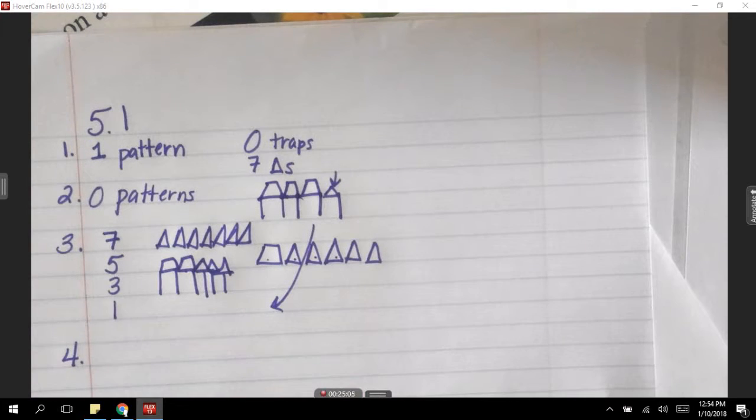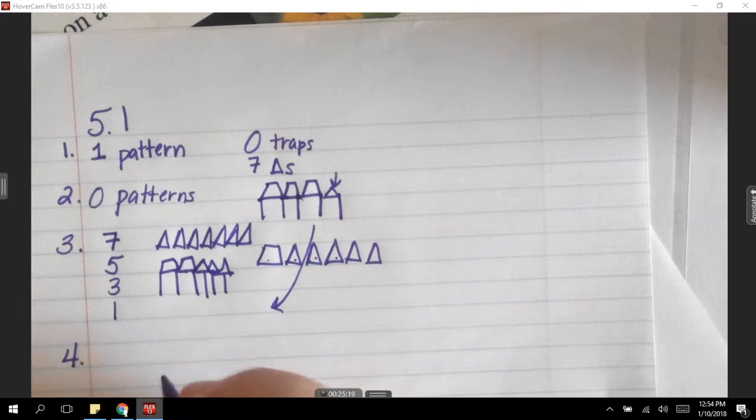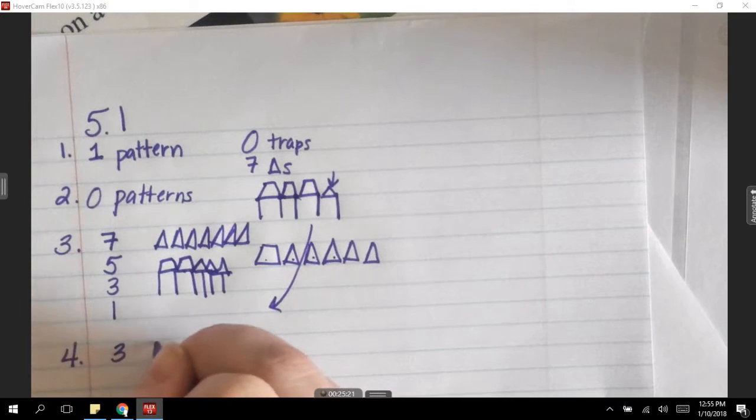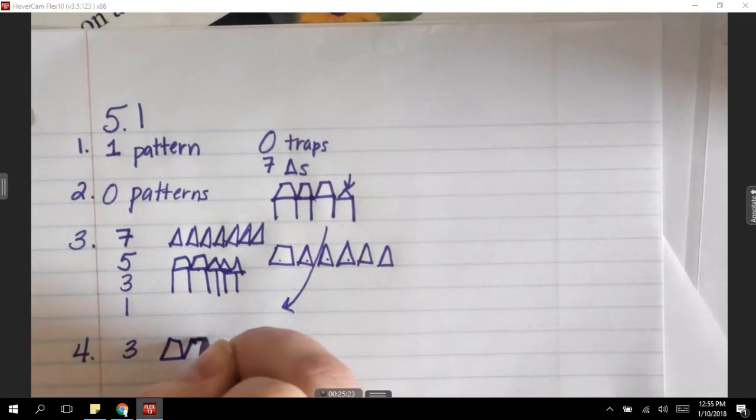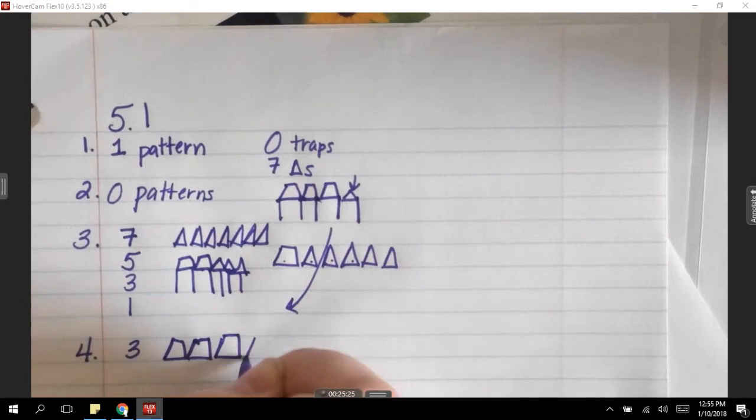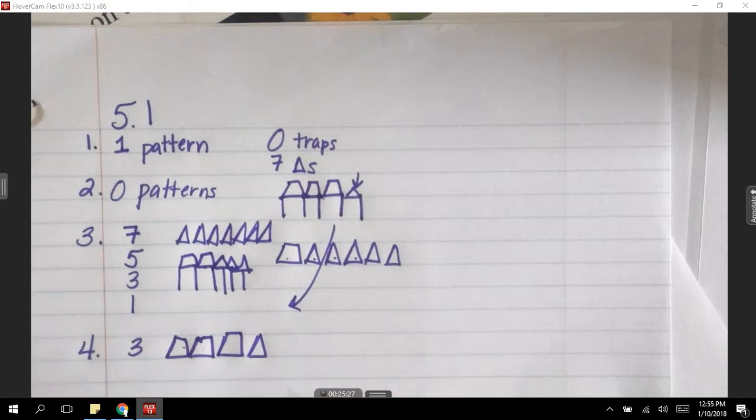Okay, number 4, what are the possible number of striped trapezoidal roofs? Well, my gut would say, how many can you have? You could have 3. If you had 3 of them, that would mean you have 3 traps and 1 triangle. So 1, 2, 3, 4, 5, 6, 7. True.